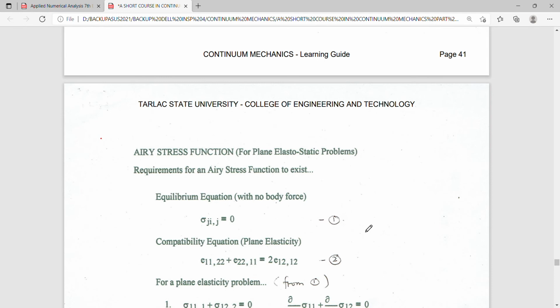It's a stress function that was used to simplify the formulation of stress solutions in two-dimensional elasticity problems.